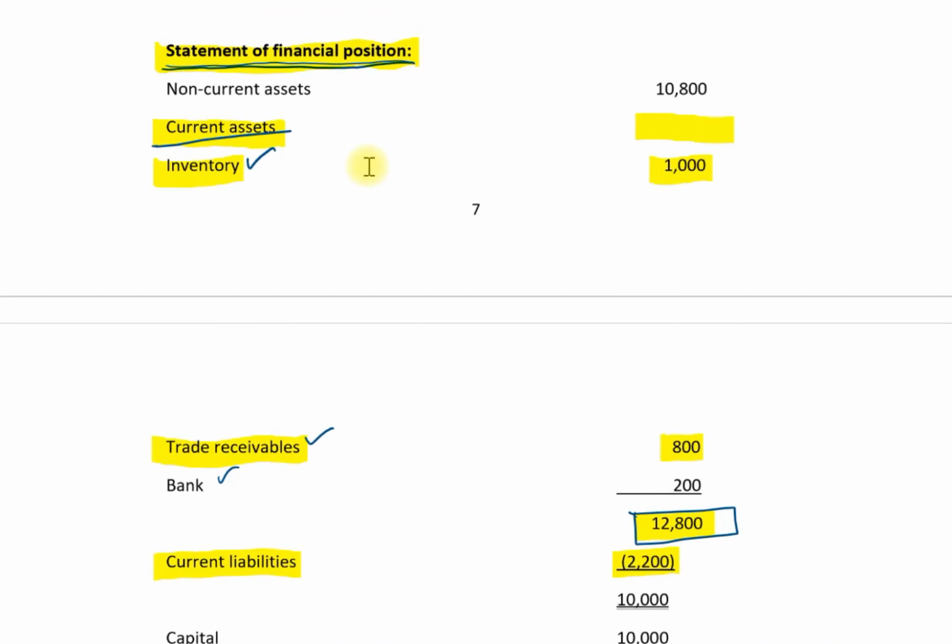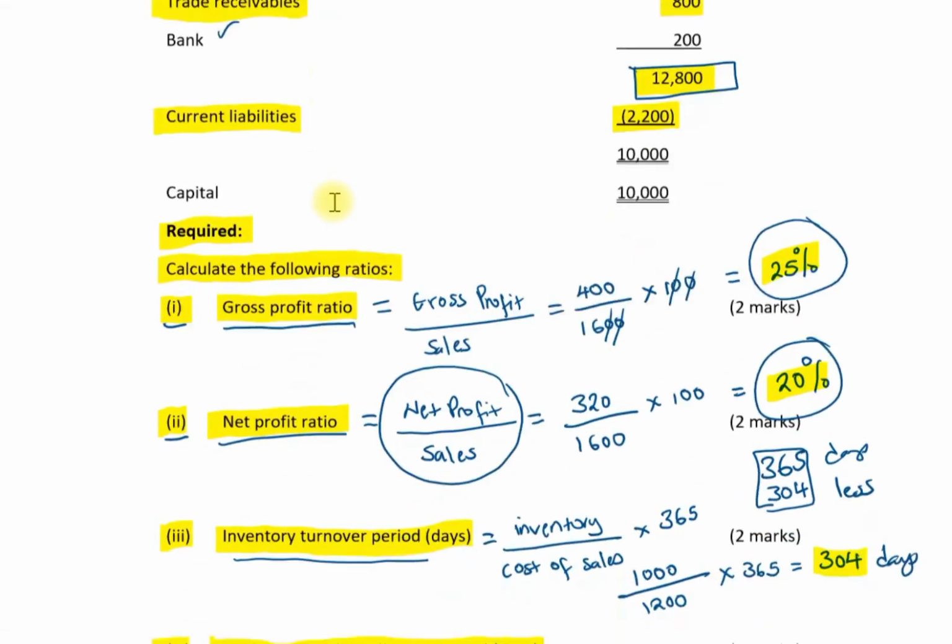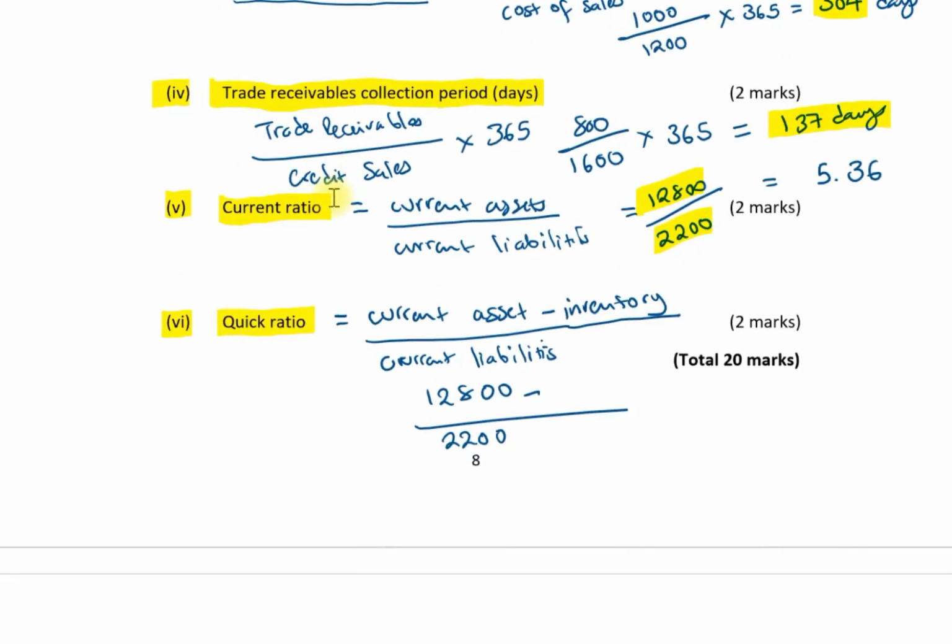Inventory is an asset. So our inventory is here, 1,000. Okay, so we go back to our calculations. 1,000 here. So what is this going to give us? This is going to give us 5.36.